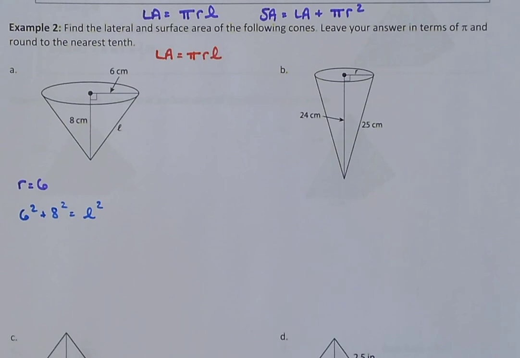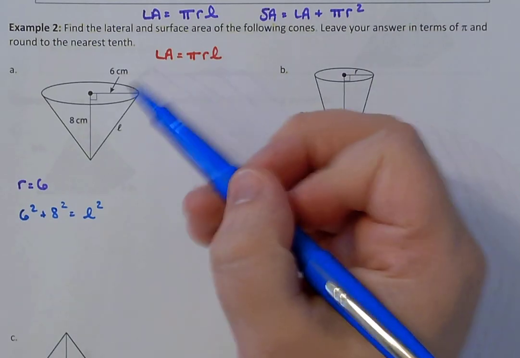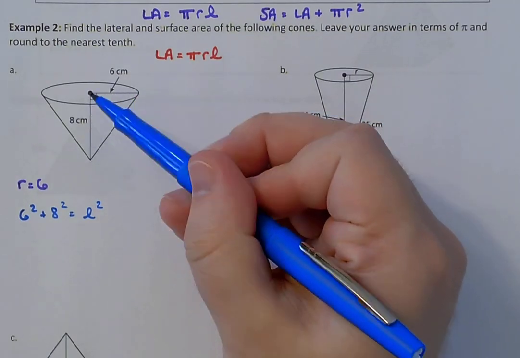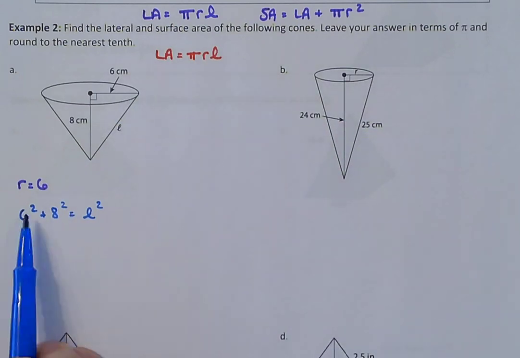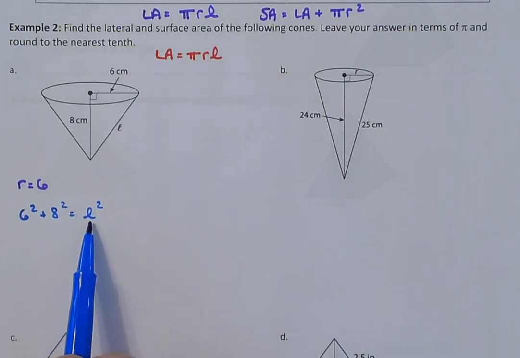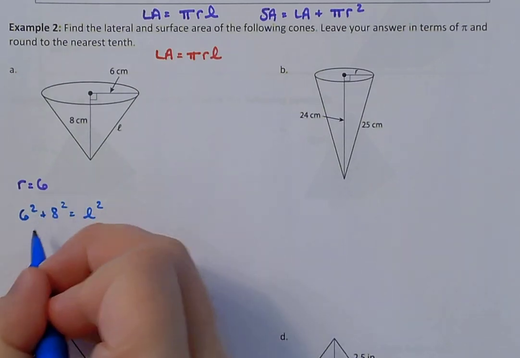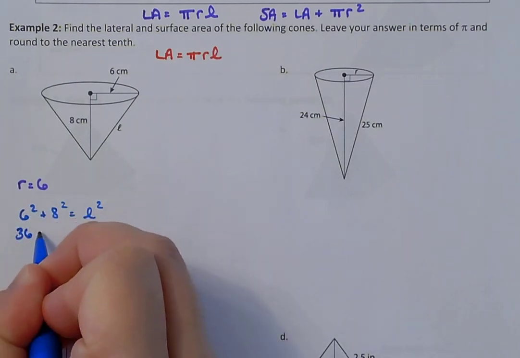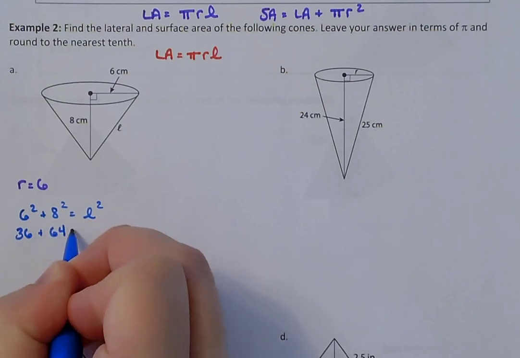Whenever you are trying to figure out a side length or radius from your cone, know that the height of the cone and the radius of the cone are going to be your a and b values, and your slant height is always going to be your hypotenuse, your c value. So if we calculate our slant height, 6 squared is 36, 8 squared is 64.